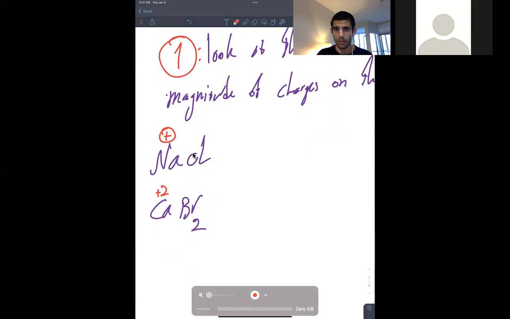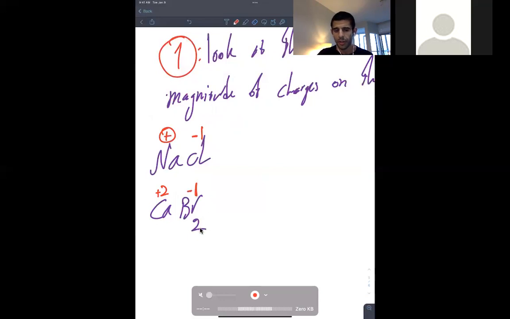Here. What's the charge on Cl? The Cl is -1 because the compound is neutral, so it has to be. If you sum them up, +1 and -1 is always 0. And Br is -1, but there are 2 of them, so it's -2.